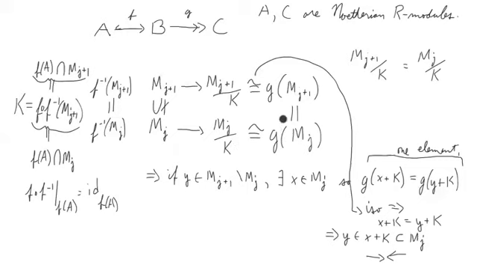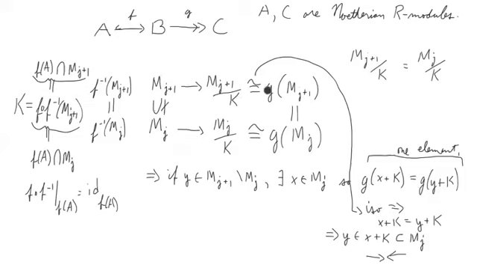So let's think about what's going on for a minute. If we take something that's in m_{j+1} but not in m_j, call it y, we can think about the coset of K, so y + K. That's an element of this quotient right here.